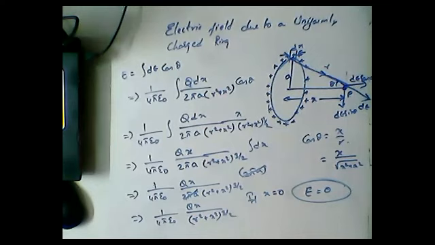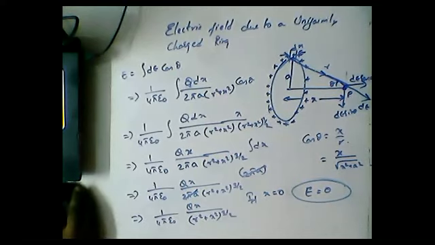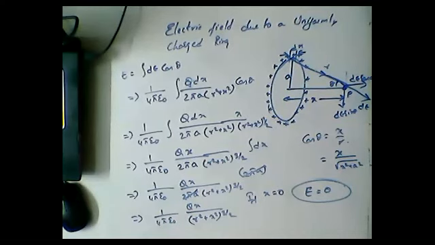Any doubts, let me post it in the WhatsApp group so that I can revert back to you. I hope you all understood today's class, that is the electric field due to an infinite wire, a semi-infinite wire and a uniform circular ring.